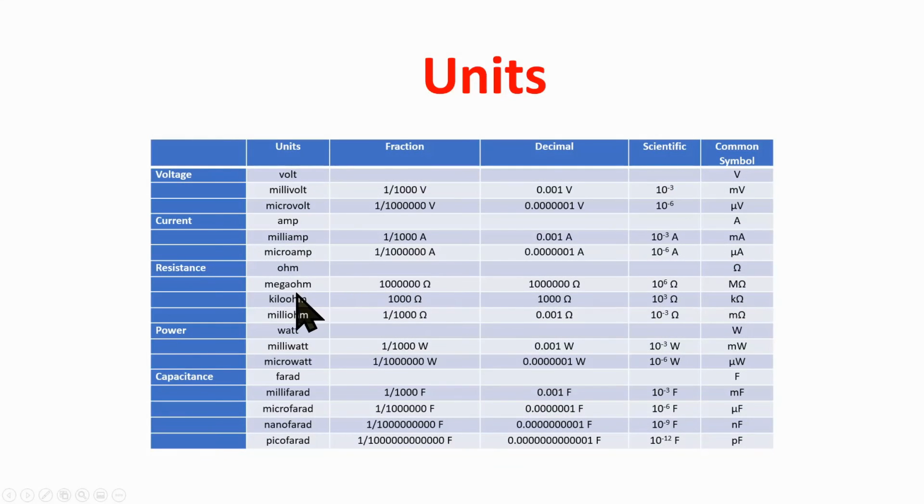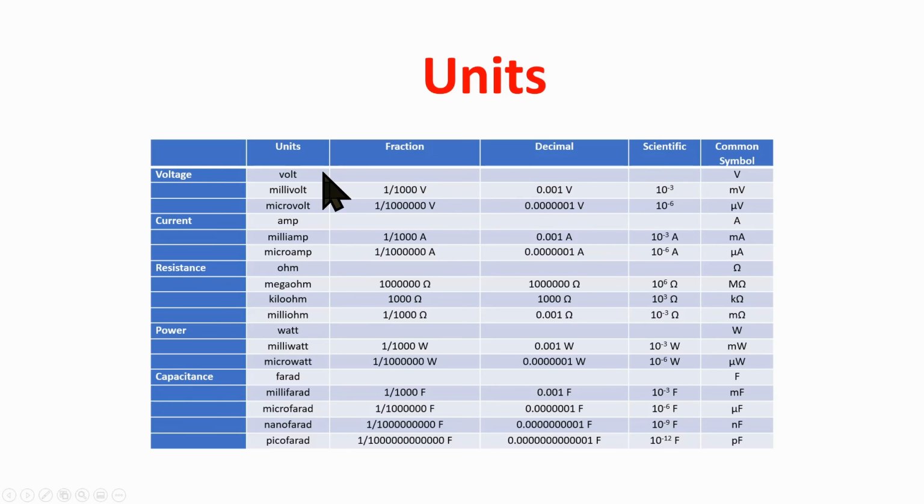That's K with the capital Omega symbol. And then milliohms, which is 1/1000th. That's a little m.